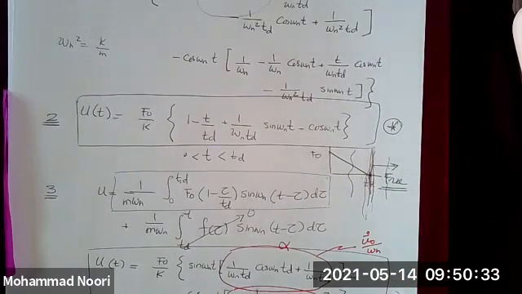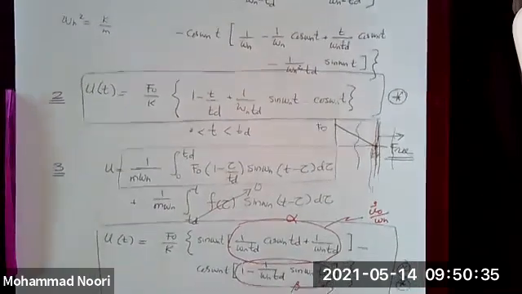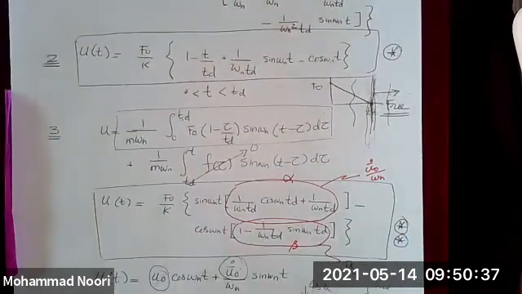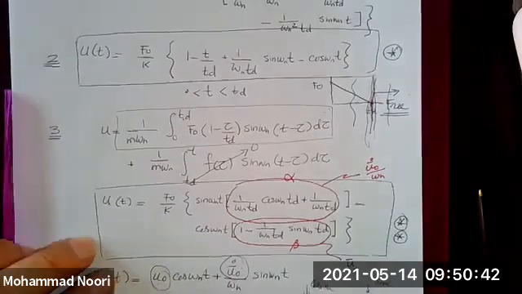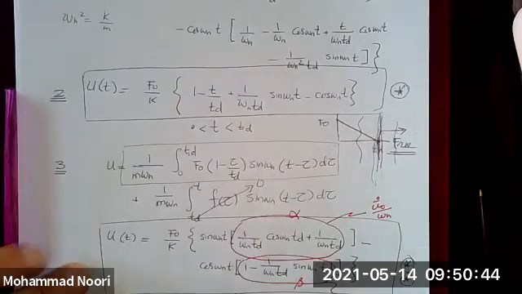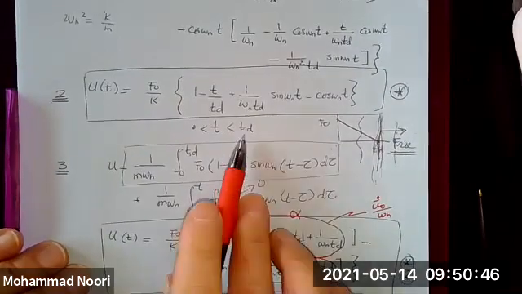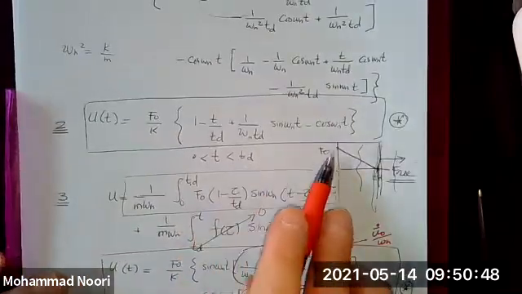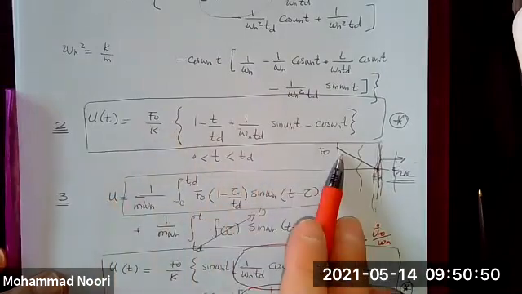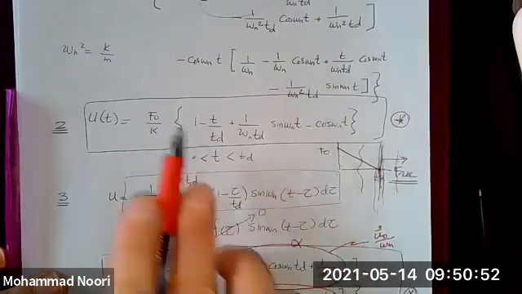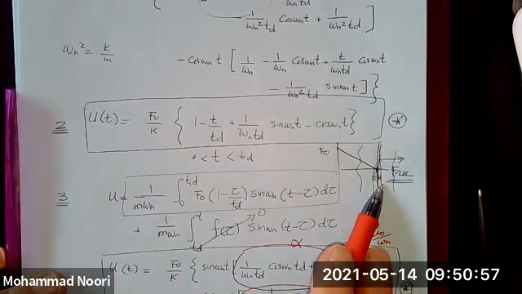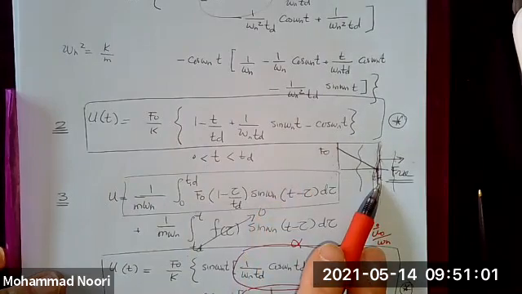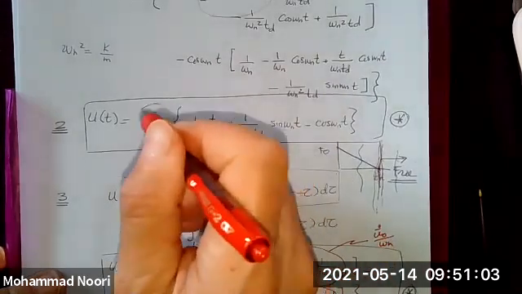Okay. Also, let's make another observation here. You remember we were talking about dynamic load factor? Look here. If you have a constant load of magnitude F naught instead of this triangular load applied to the system, which has a short duration, what is this?